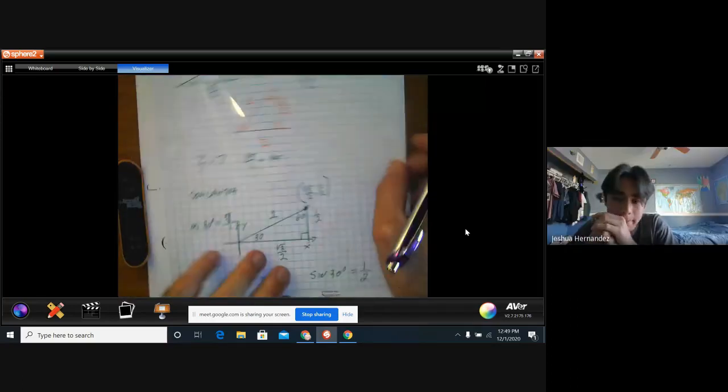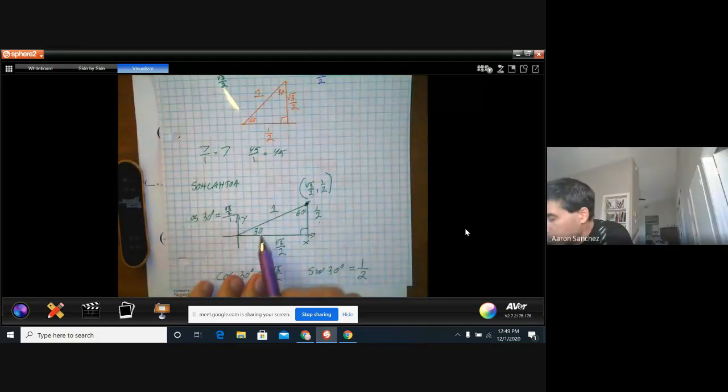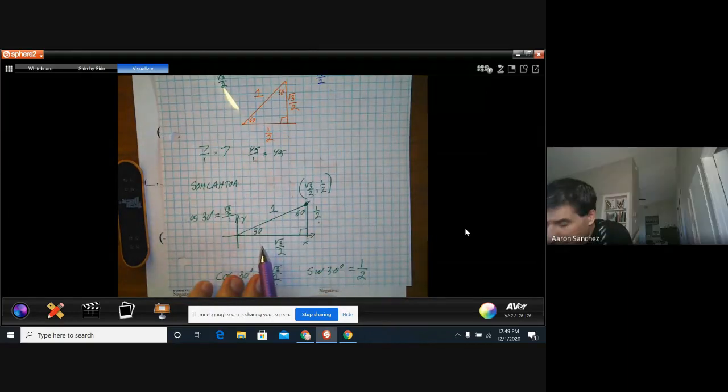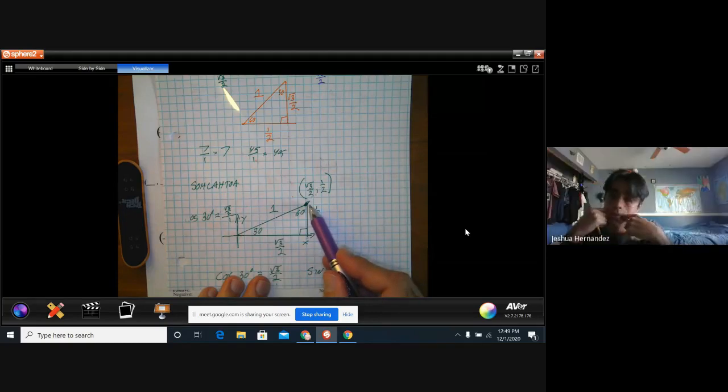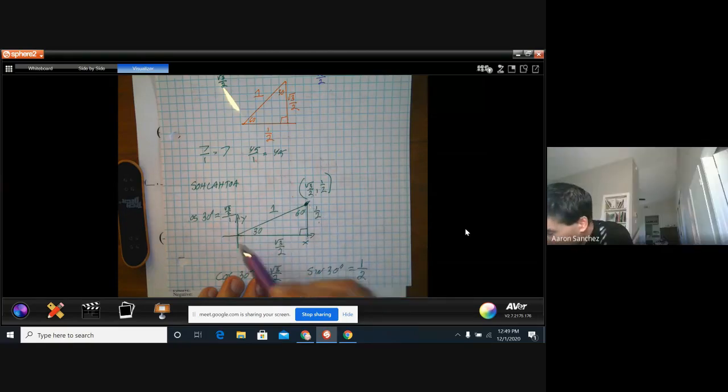Joshua. Do you see my 30, 60, 90 triangle here? Okay, cool. You see my y-axis and my x-axis? Okay, you see this point right here? What's my x and my y to get to this point?